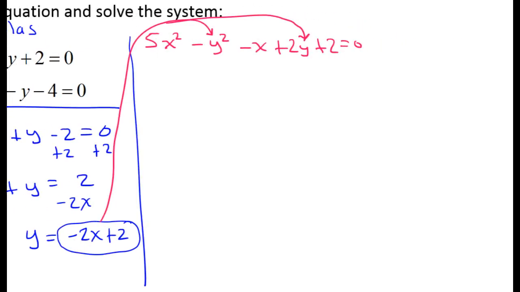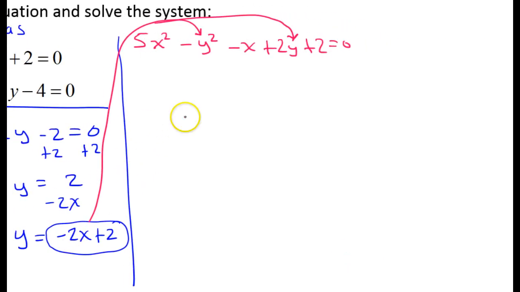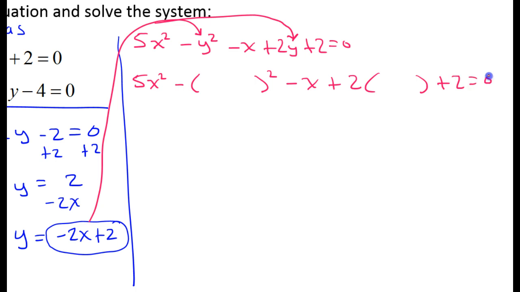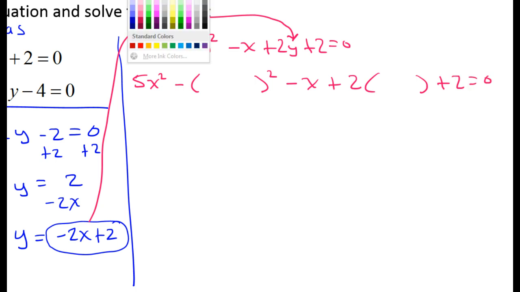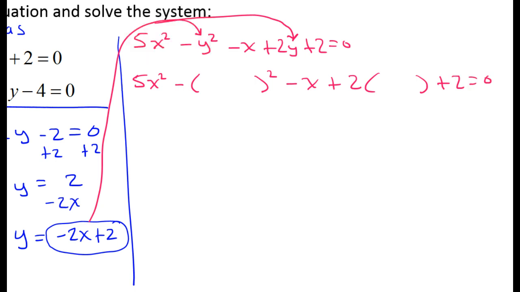Okay, so I'm probably going to need more space in this. So that's going to give me 5x squared minus, now it's time for y squared. In fact, maybe I'll just set everything up. So I've got plus 2 and then y, and then plus 2 is equal to 0. Okay, so everywhere there's a y, I'm going to put -2x plus 2.